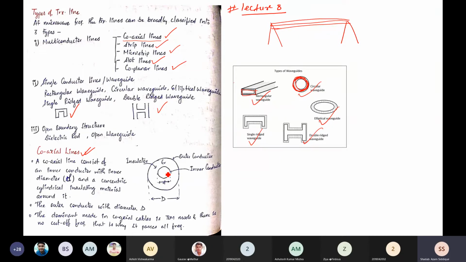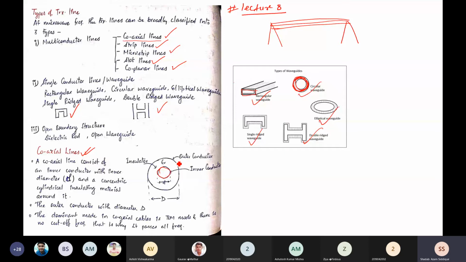This line consists of an inner conductor, which has diameter d. So the inner diameter is d, and then we have a concentric cylindrical insulating material, having permittivity epsilon R. Concentric means concentric circles, like this.